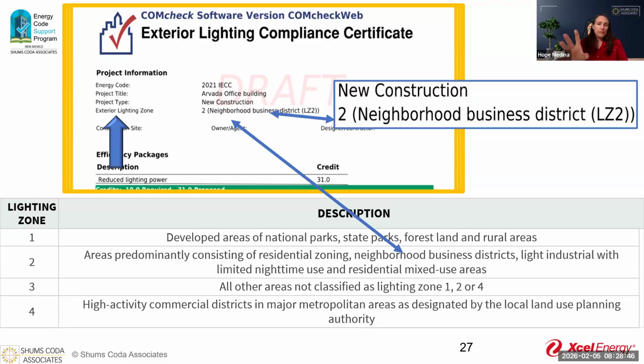Now, the 2 means that when we go into the table, that table says that it's predominantly a residential zone, or it's a residential neighborhood business district. It's residential-esque, right? And so it has the light zone of 2.